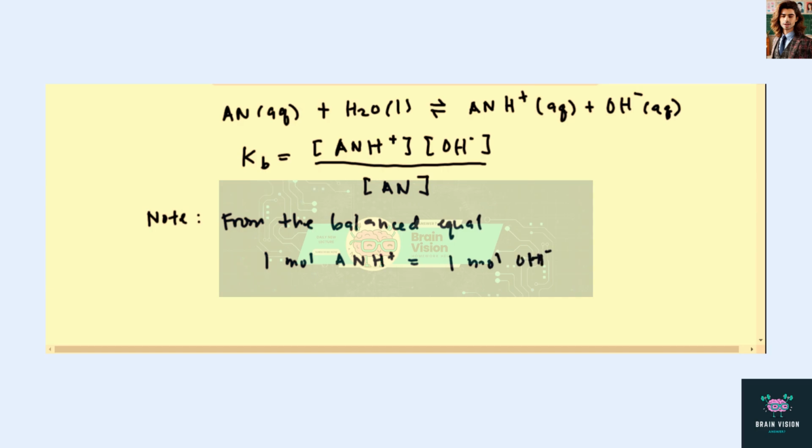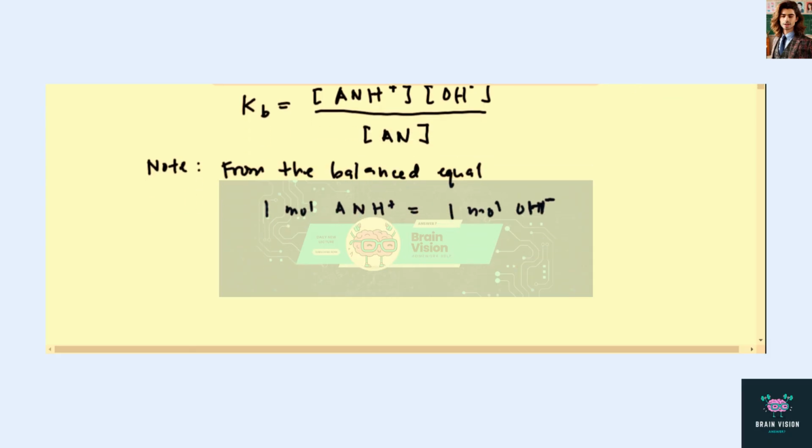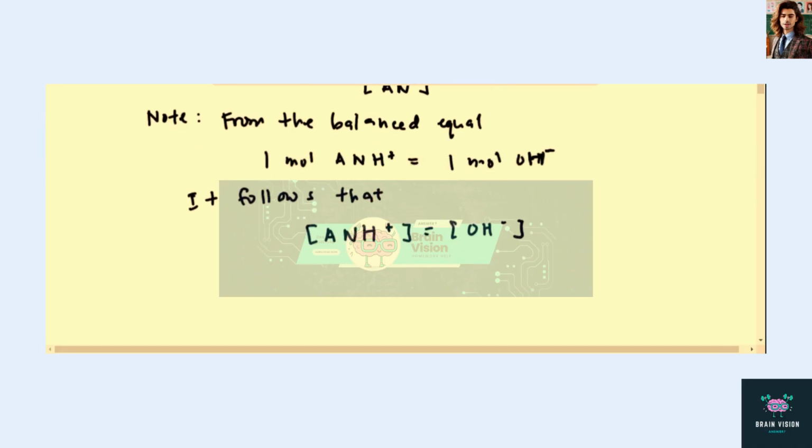That means for every mole of ANH+ produced, we also have 1 mole of hydroxide produced. So it follows that the concentration at equilibrium of the conjugate acid equals the concentration at equilibrium of the hydroxide ion.